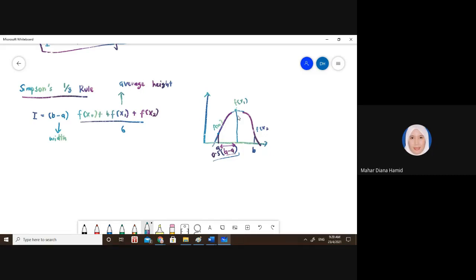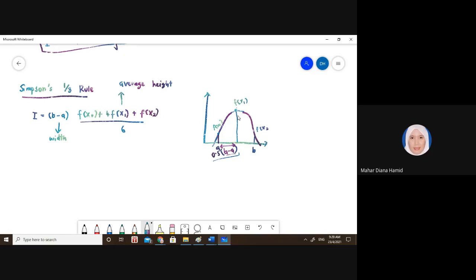However, similarly with the trapezoidal rule, we also have cases where instead of having only one segment. Even though here you see that we have 2 segments, according to Simpson's 1/3 rule, this is only 1 segment.